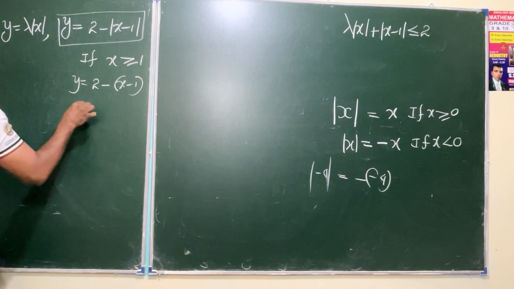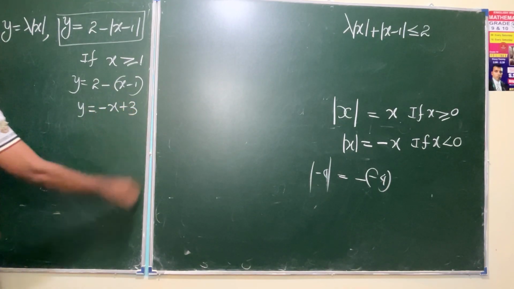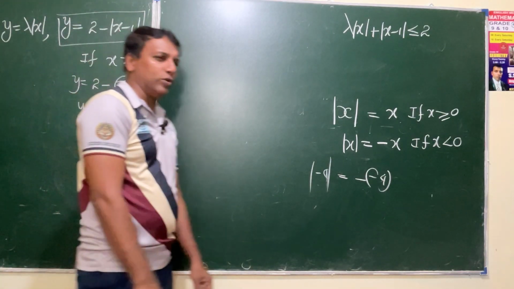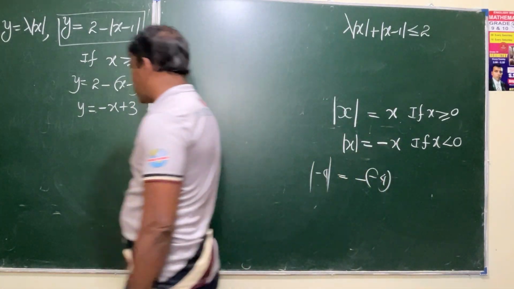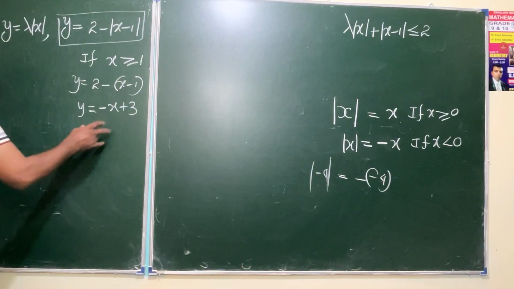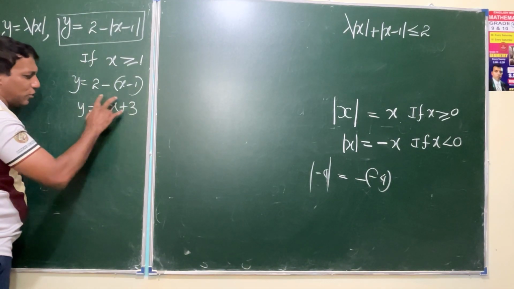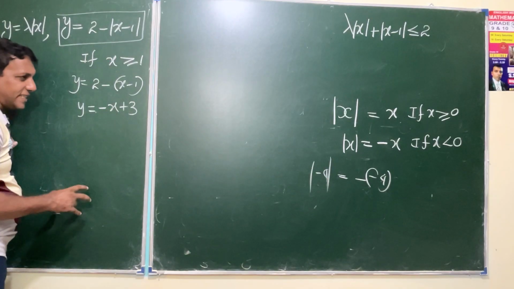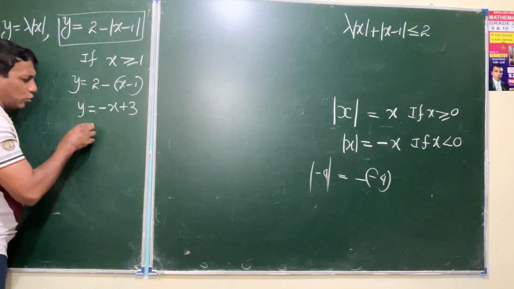Therefore, y equals, simplified, minus x plus 3. This is one graph, a linear graph of the pattern y equals mx plus c, a straight line. So we'll draw it now. You can find 2 points in a simple way.